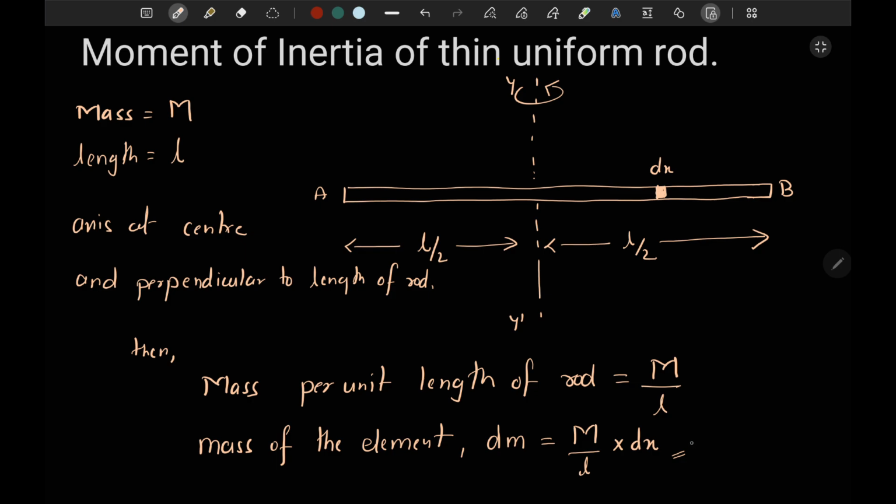This element is considered to be at a distance x from the axis.